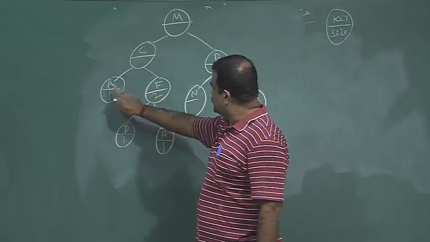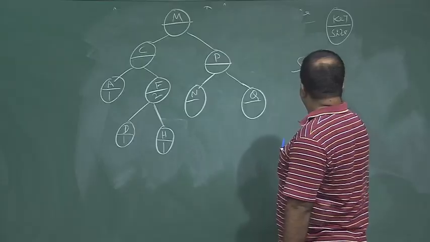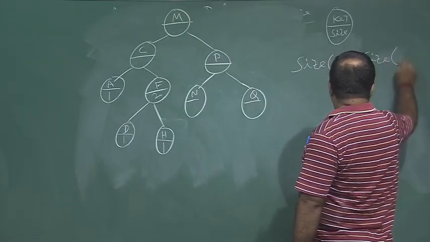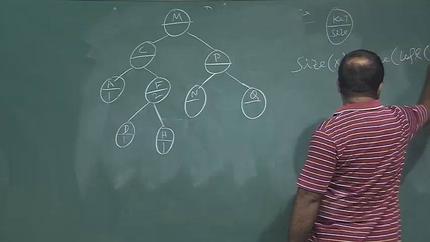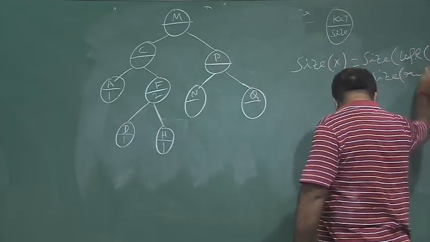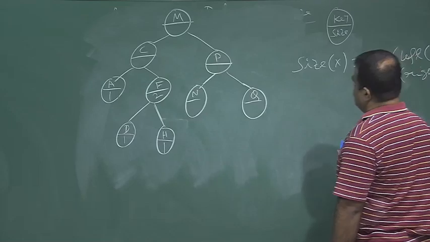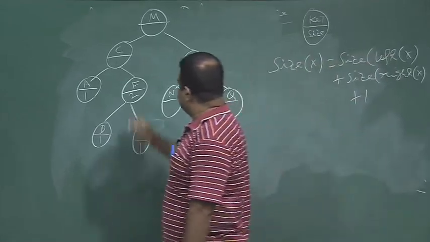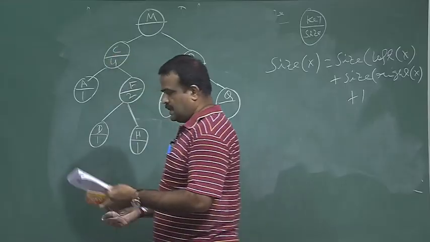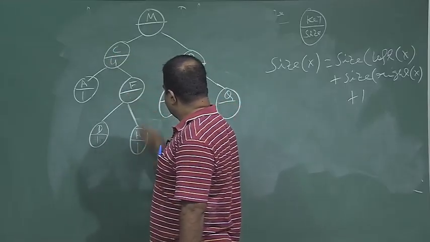So, this is the formula: the size of a node x is basically the size of the left of x plus the size of the right of x plus the node x itself. So, this is basically 3, 4, and this is 3, 1 plus this is 3.